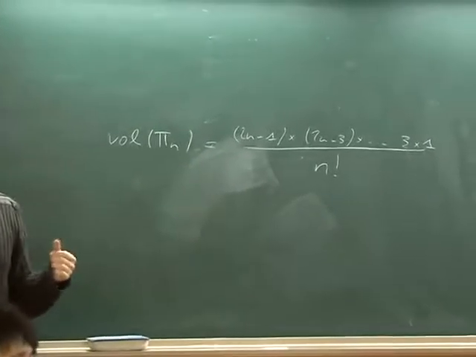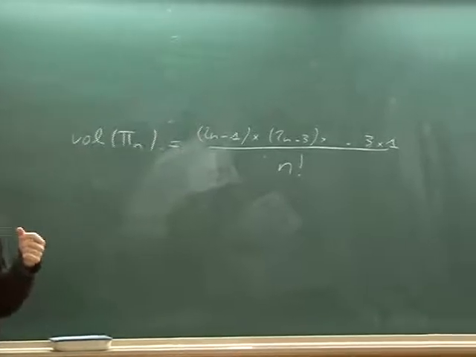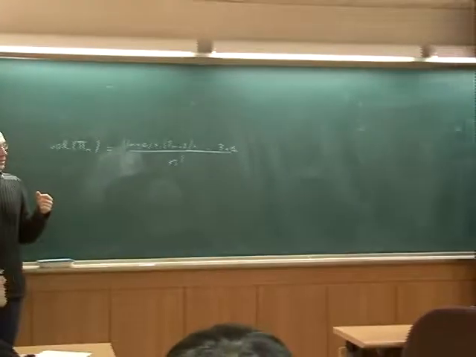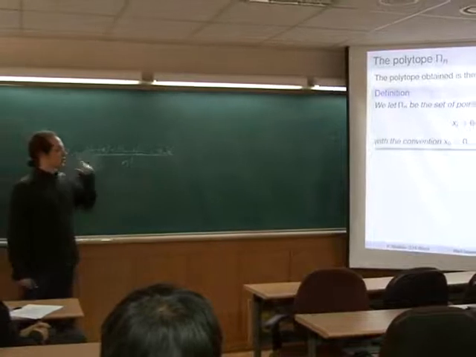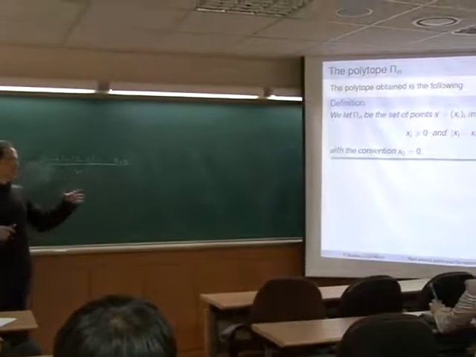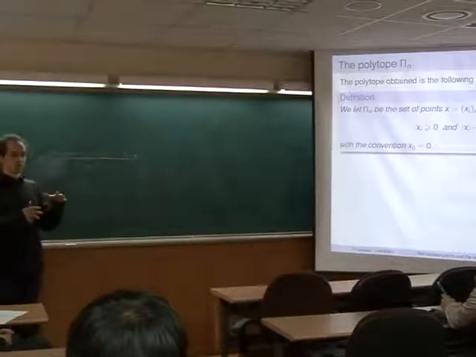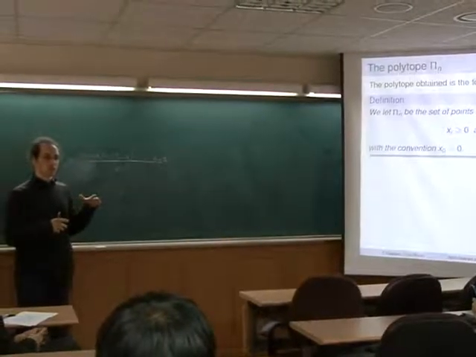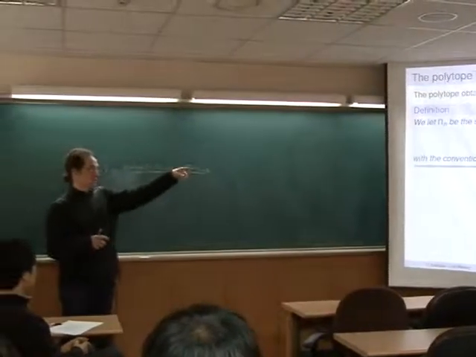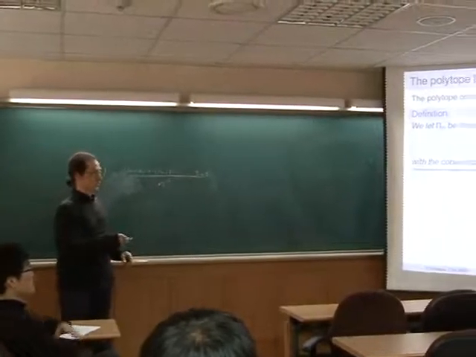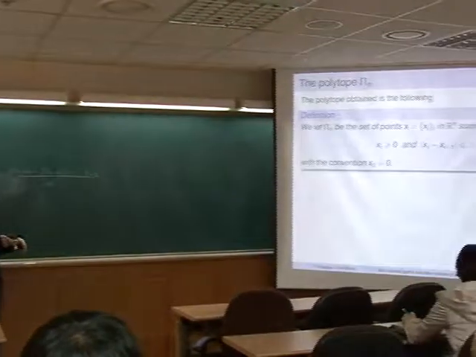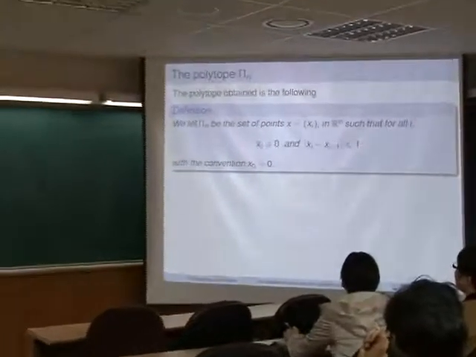I have a question. Why is it a polytope? What is a polytope? A polytope is an intersection of half spaces, convex. So you have inequalities here, and these are two half spaces.